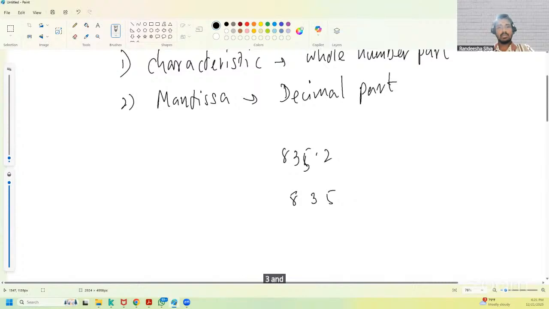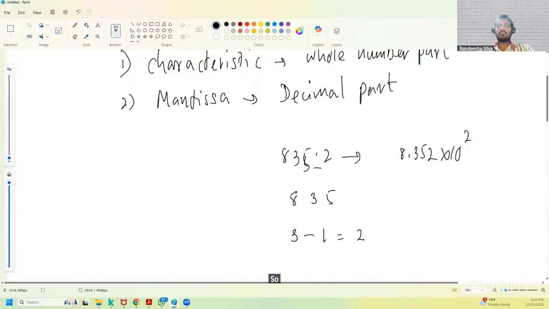So the characteristic is the number of digits in the integral part, which is 3, minus 1. Then the characteristic is 2. In scientific form, we can write this as 8.352 into 10 to the power 2.